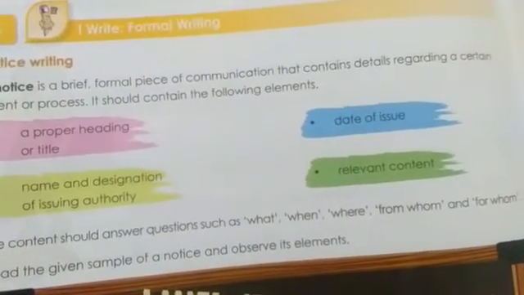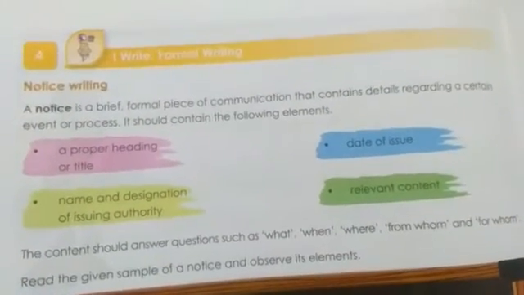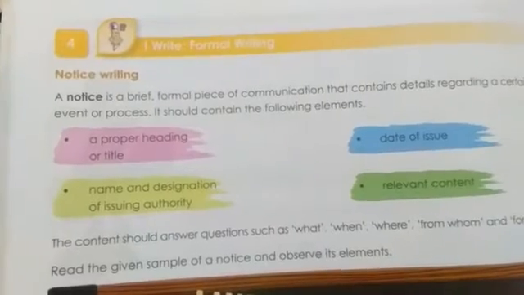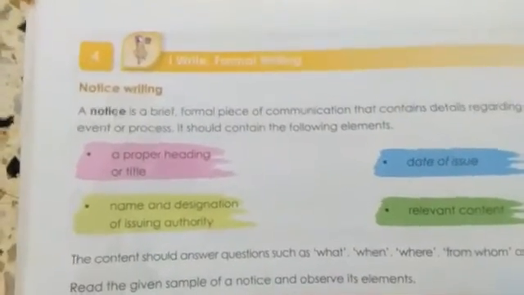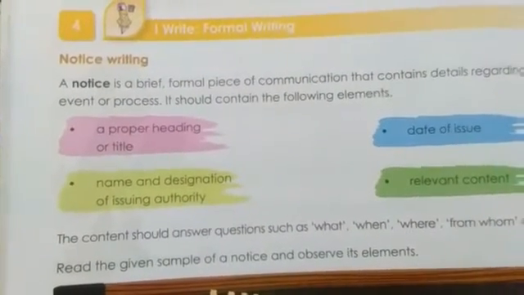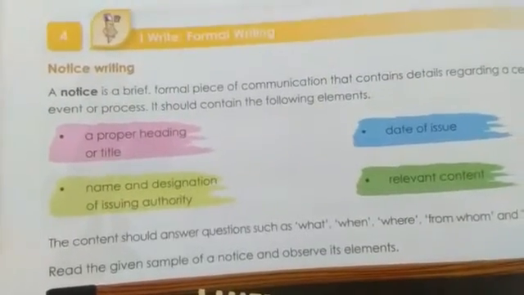It should contain the following elements. When you come to school, you'll see something called a notice board. In that there will be some information that has to be given to all the students, something which has happened in the school. That is a notice.